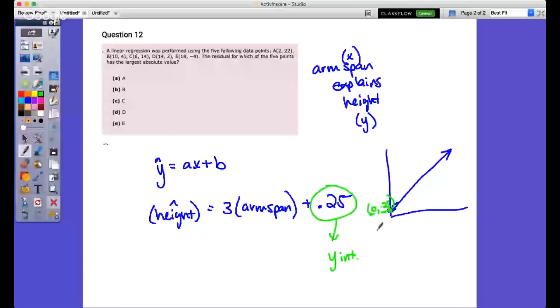Or when my height is 0, my fault. Back up. I messed up. I said that backwards. My apology. When my arm span is 0, because that's my x, and this is my y hat, the predicted height would be 0.25 inches, feet, whatever we're talking about, okay? So remember that. That's what we're talking about with the y-intercept.